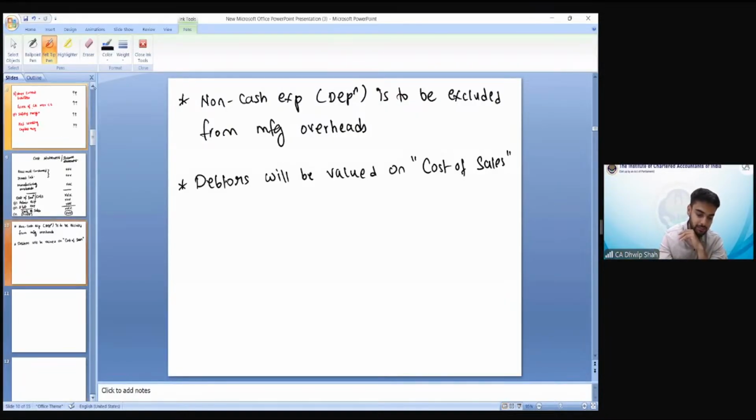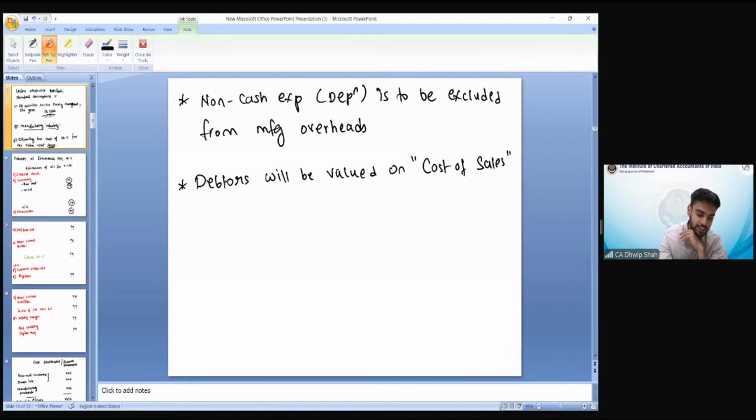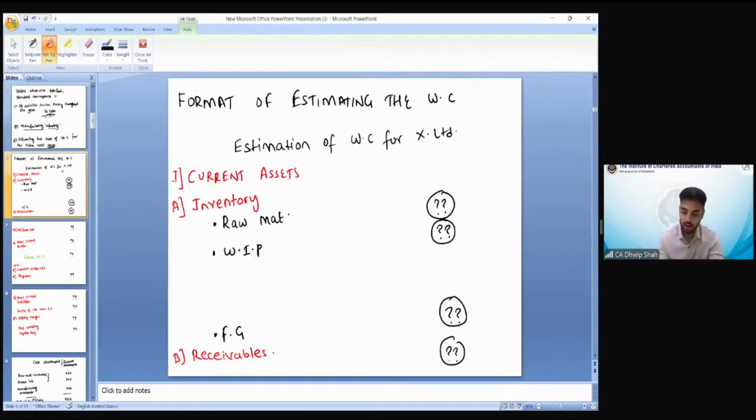Understood? So this method of calculating or estimating the working capital is called the cash cost basis. What do you call it? Cash cost basis. This approach of estimating the working capital is called the cash cost basis. Only include the cost, not profit, and only include that cost which is paid in cash.